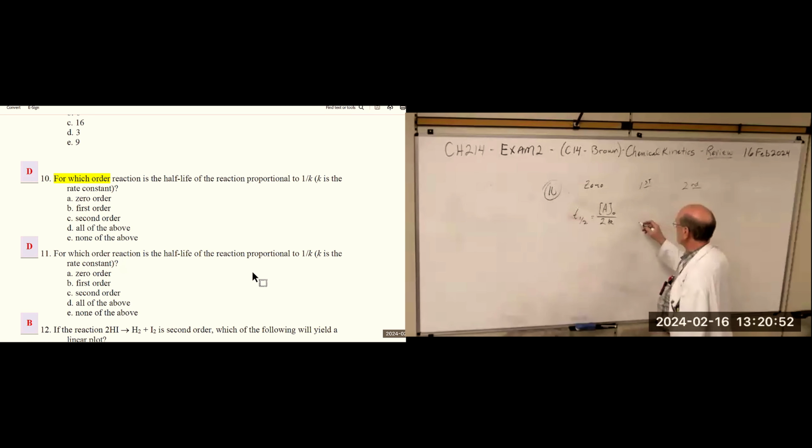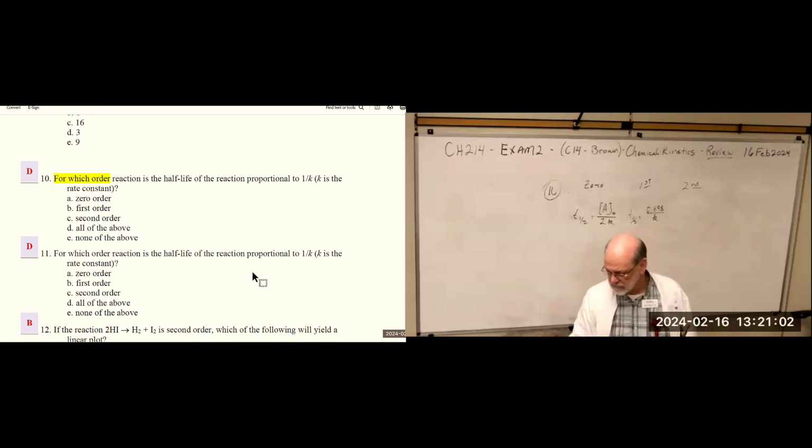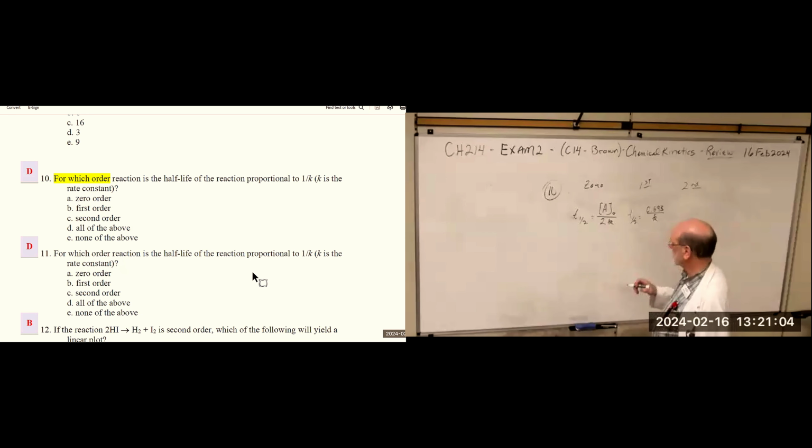Okay. t1/2 for first order, I remember this one, 0.693 over k. Yep. And t1/2 for second order equals 1 over [A]0 times k.